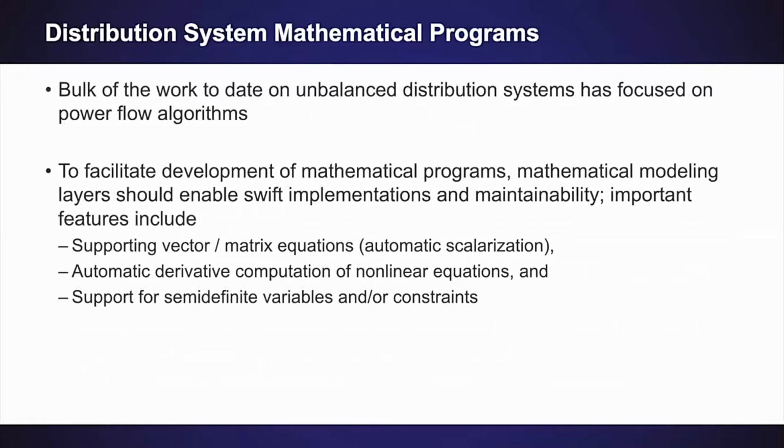Furthermore, to facilitate the development of mathematical programs, modeling layers should be able to enable swift implementations and maintainability. And in particular, especially for multi-phase systems, the modeling layer should include such features as support for vector and matrix equations, automatic derivative computation, and support for semi-definite variables and constraints.